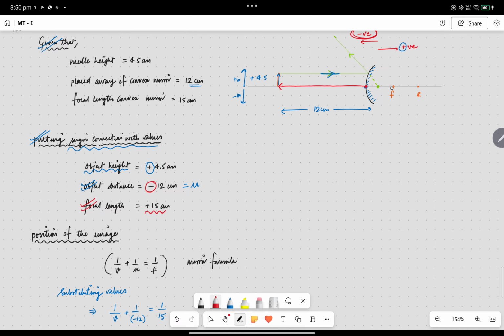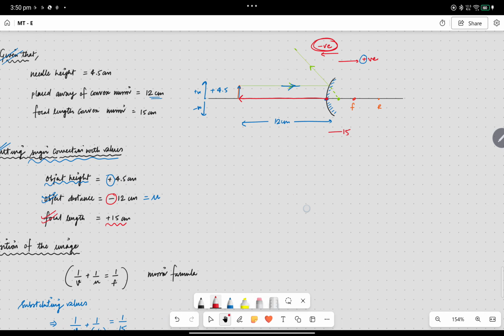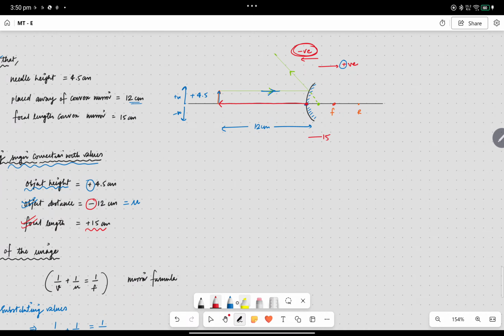How? The focus is here, and you have to go 15 centimeter this way, right? I have drawn that a little bit shorter for the focal length. Let me correct it. It has to be somewhat here. Okay, so this is your focal length, 15 centimeter.